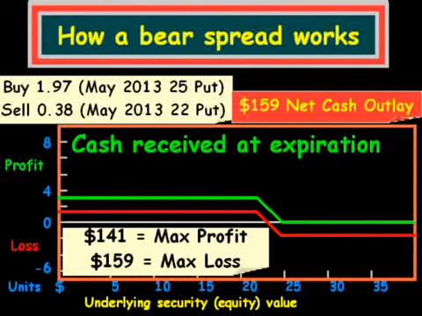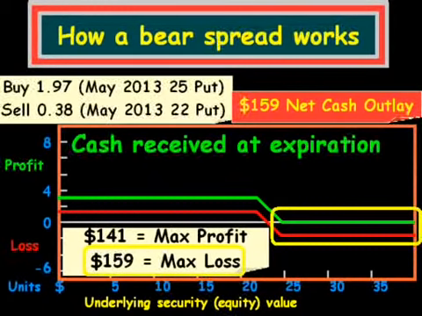The maximum amount we can lose is 159, and that is if the stock is at 25 or higher, and the 159 is our net cash outlay that we spent to put this transaction in place.